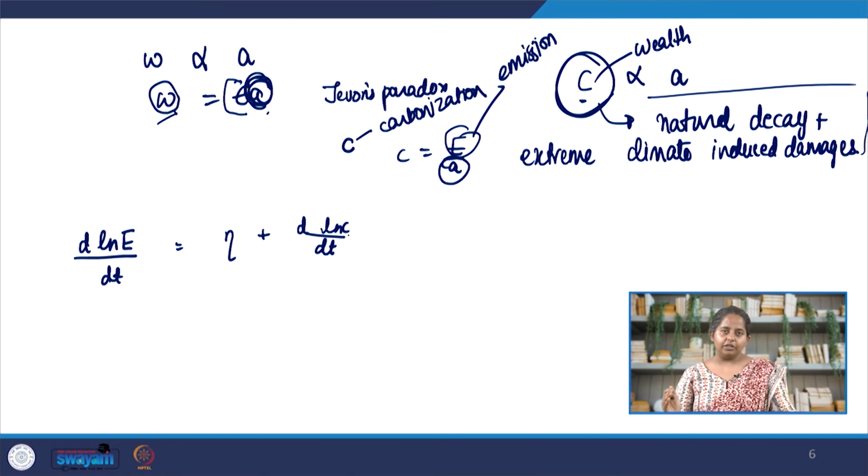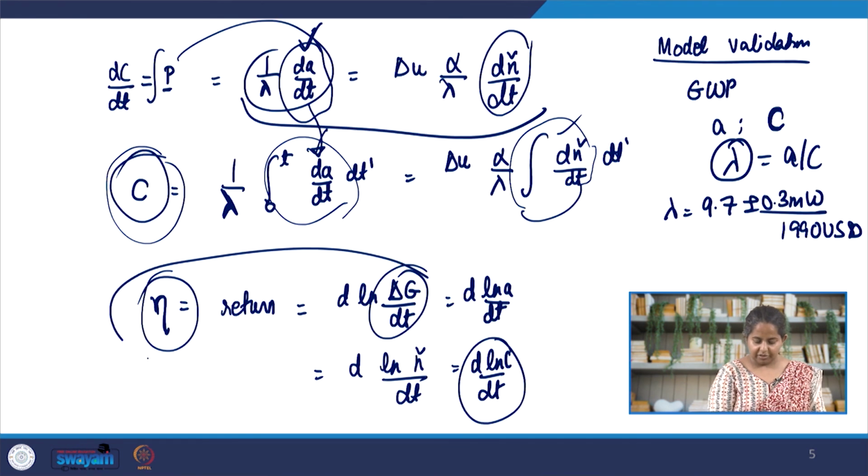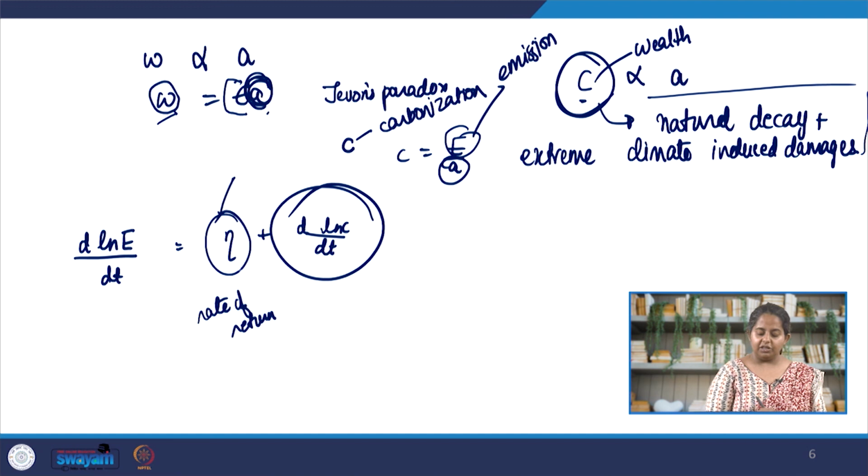So if we want to reduce emission, we need to do two things. We need to reduce the rate of return. Now, rate of return is what our global prosperity depends on, if you remember. Rate of return goes down, the economy is collapsing. So we can't let this be negative, we can't let this go down. What we need to do is we need to rapidly decarbonize our economy.